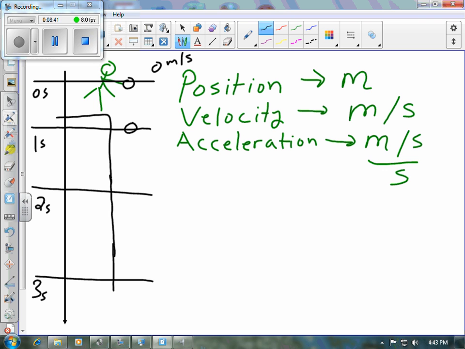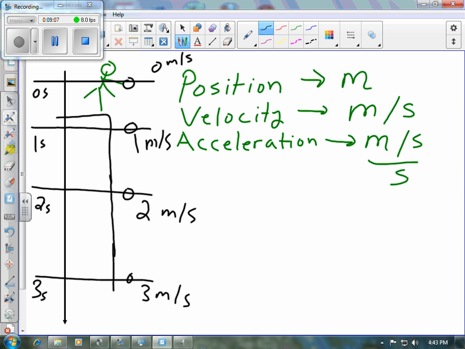So the distances are getting bigger between each one. Okay, so if we look at the velocity now, so 0 meters per second, 1 meter per second, 2 meters per second, and then finally 3 meters per second.